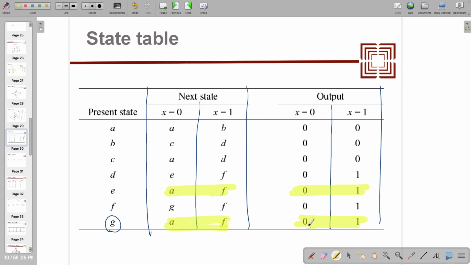Can you see? So G state and E state are identical to each other. I can call G equal to E, wherever G is there. Only one place G was there, so I kept it over here. So this is gone.